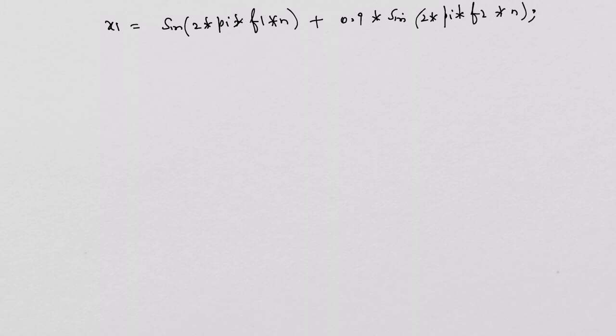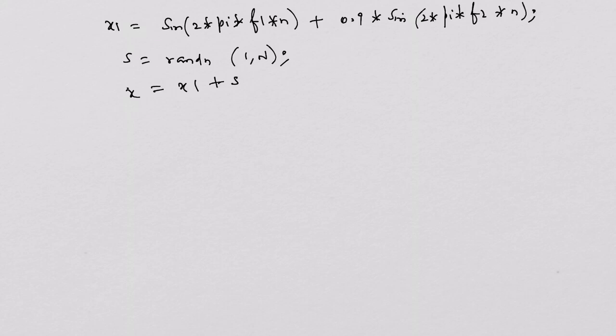And s is the additive white Gaussian noise, which is generated using the randn function of normal distribution. It is readily available, so I can use randn of 1 comma N. The noise is also ready. Then x will be equal to the sum of x1 and s.